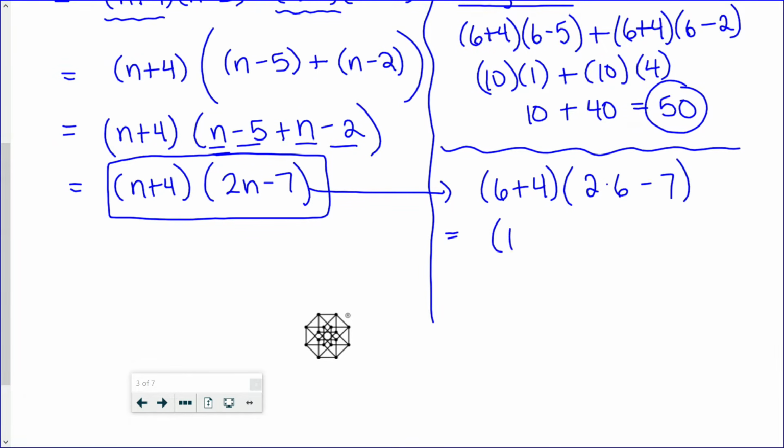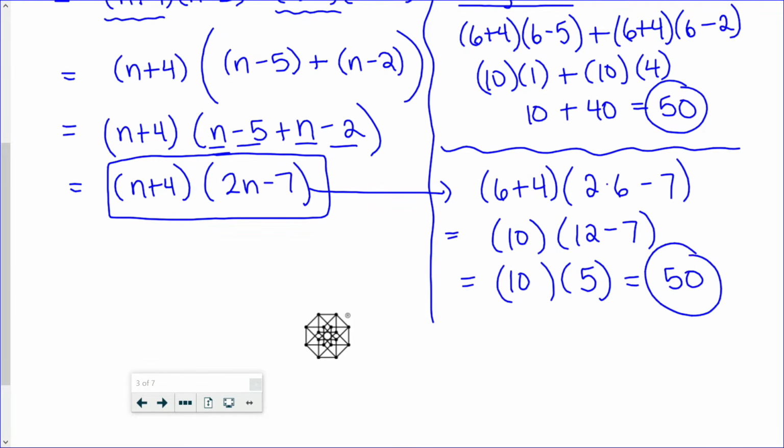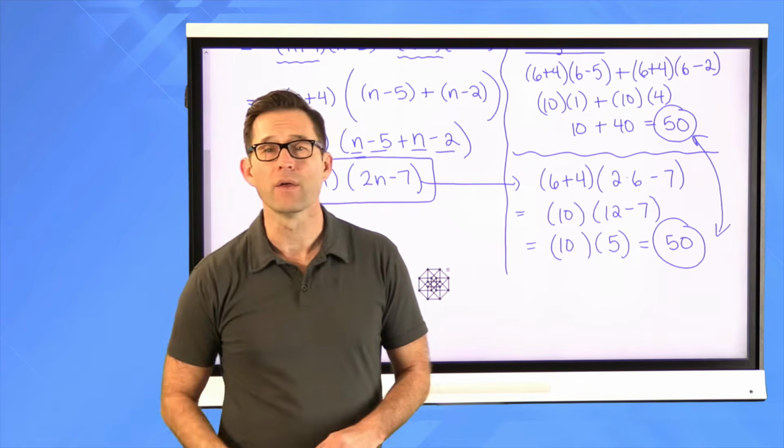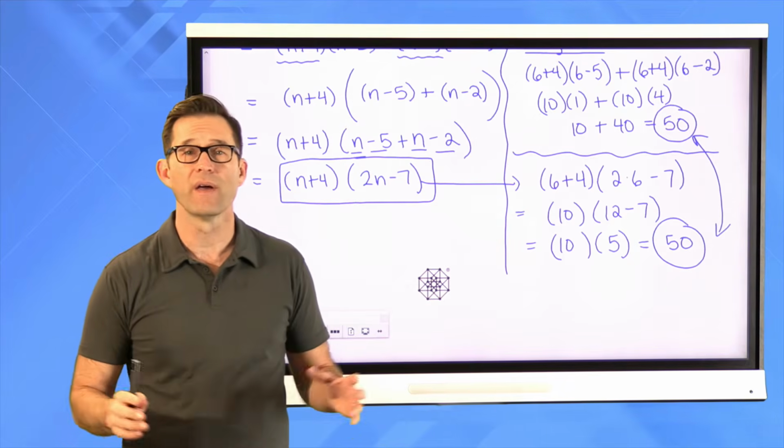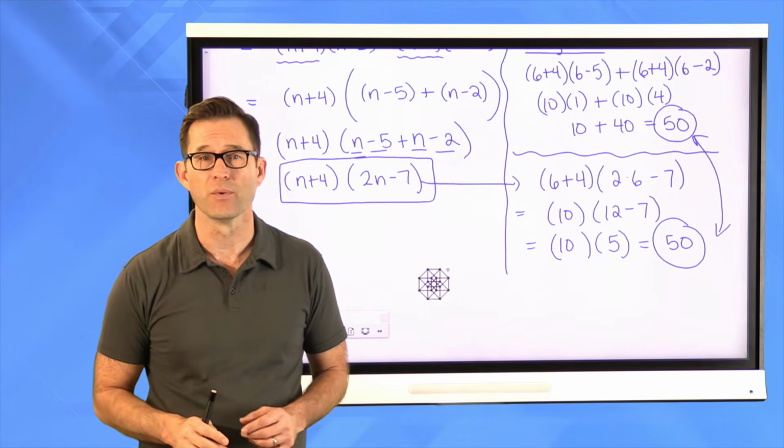All right, 6 plus 4 is 10. 2 times 6 is 12 minus 7. That's going to be 10 times 5. And that is our 50 again. Okay, hopefully whatever value of n you chose, you also found that the two expressions were equal to each other.